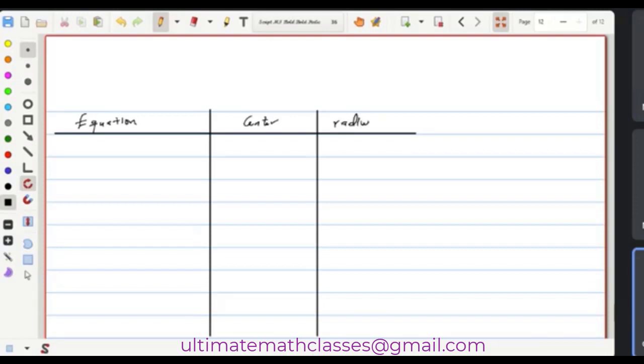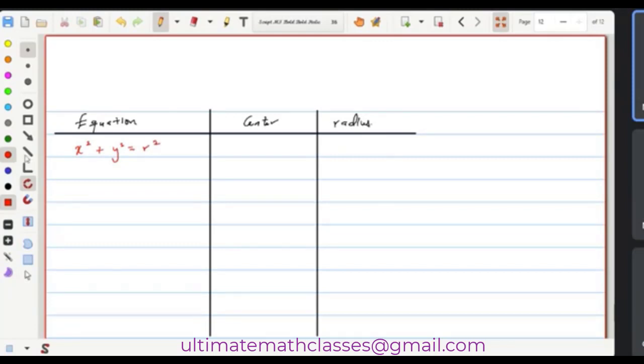Okay, so what's the first equation of the circle we know? So the formula. x squared plus y squared is equal to r squared. Yes, this was the very first.